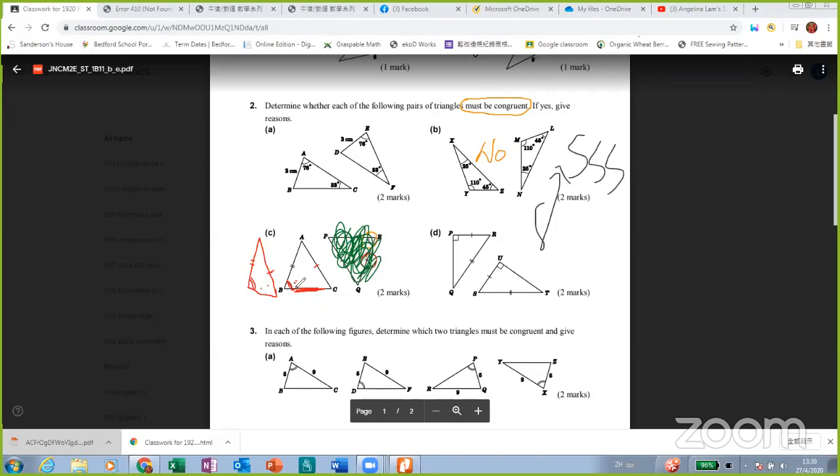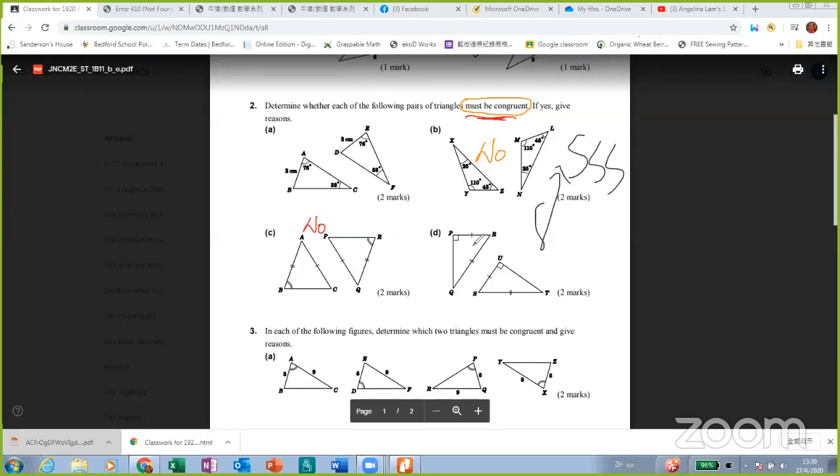This length is not fixed, in other words. Therefore, in this case, if I have just this kind of information, I cannot confirm these two triangles are congruent. Therefore, part C, they may not be congruent. It means I cannot tell they must be.